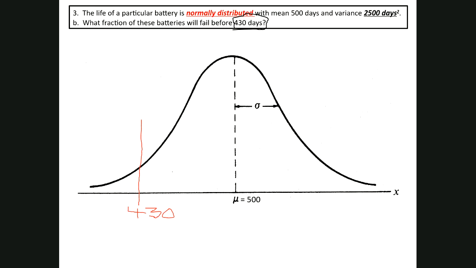We know that Z equals X minus mu, divided by sigma, and our X again is 430, the mean again is 500, and our standard deviation is 50. I did this earlier, but let's re-express it. We want to calculate the probability that our lifetime is less than or equal to 430.